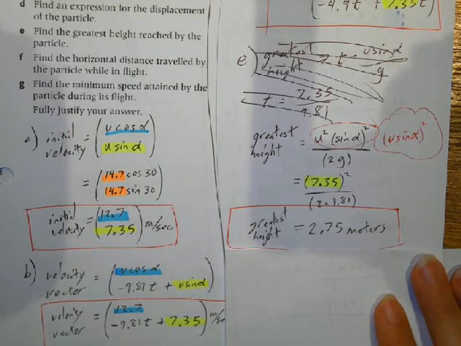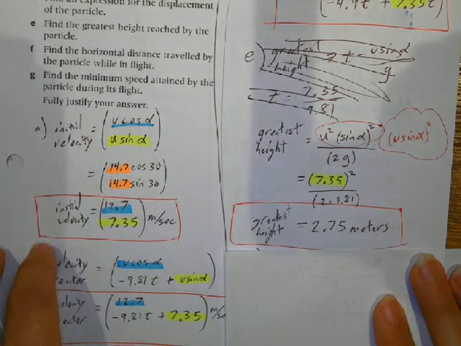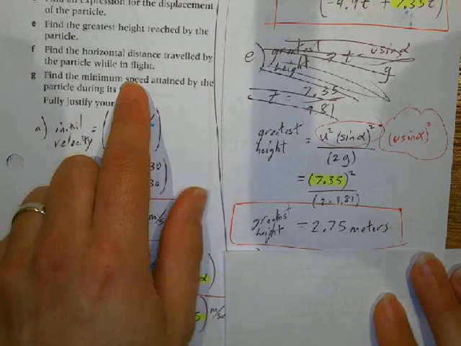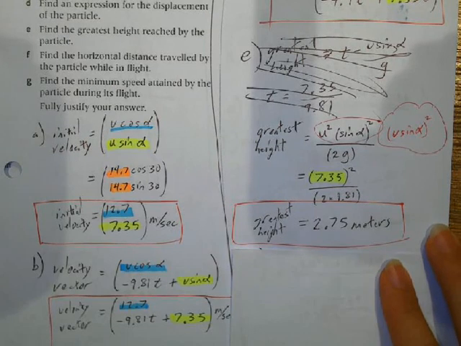Question F. Find the horizontal distance traveled by the particle while in flight. So the horizontal distance traveled.